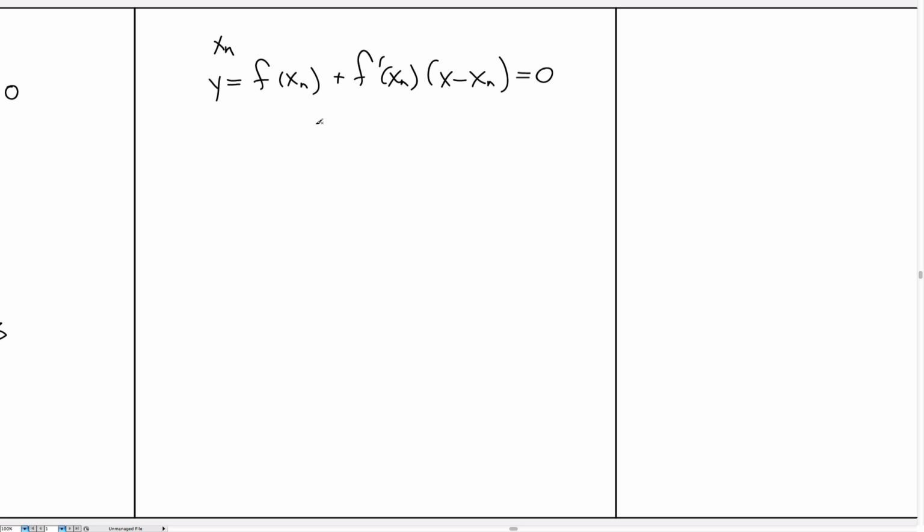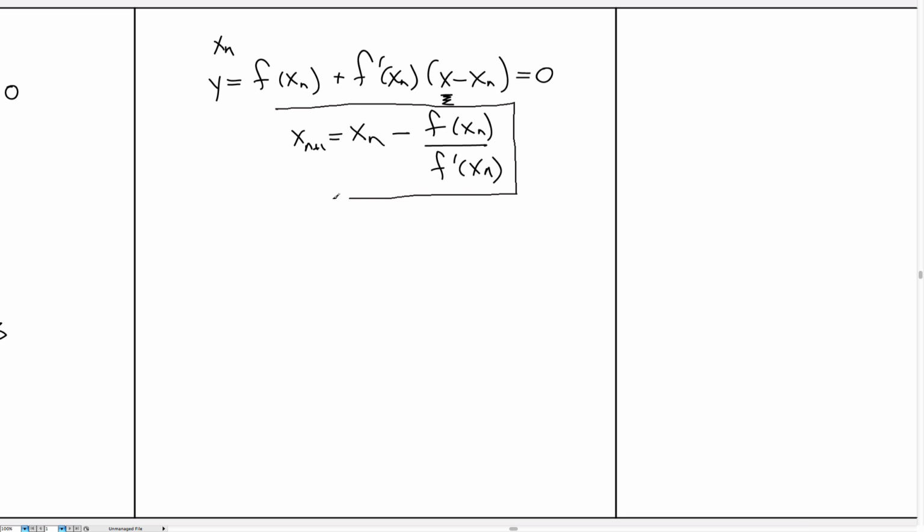So that's when y is equal to 0. Now I'm going to solve this for x. You can go through that, but what you should find is xn minus f of xn divided by f prime of xn. And that will be the next improved estimate, xn plus 1. We've done that twice already on the previous page here, but this is the formula that you can use in general to improve from one estimate to the next.